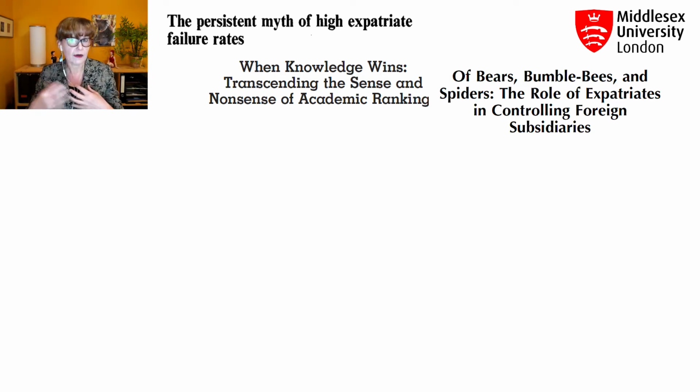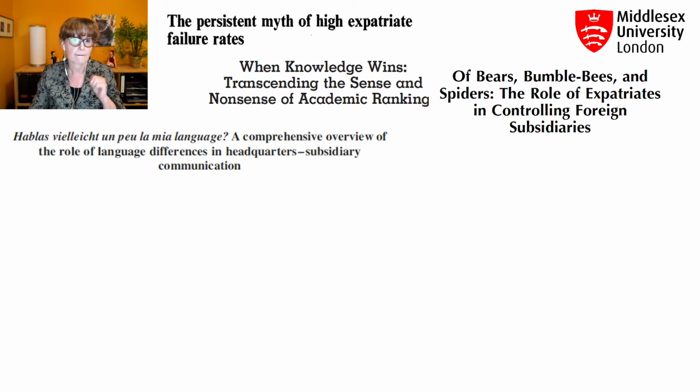Then the third one, a classic, a slightly provocative, cute first title of bears, bumblebees and spiders, and then a descriptive subtitle, the role of expatriates in controlling foreign subsidiaries. And the bears, bumblebees and spiders were metaphors for different ways of controlling foreign subsidiaries.